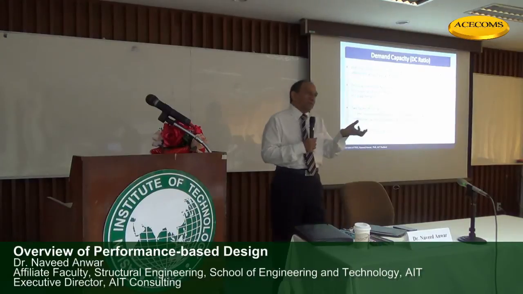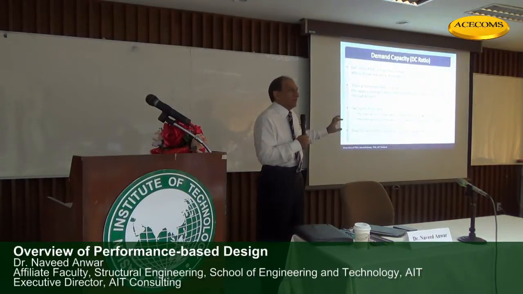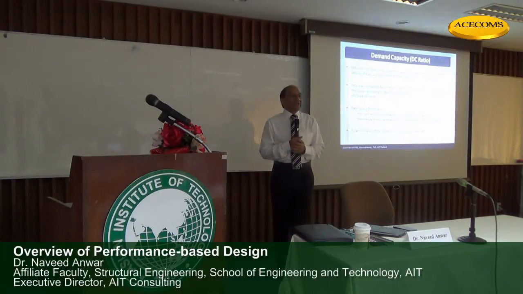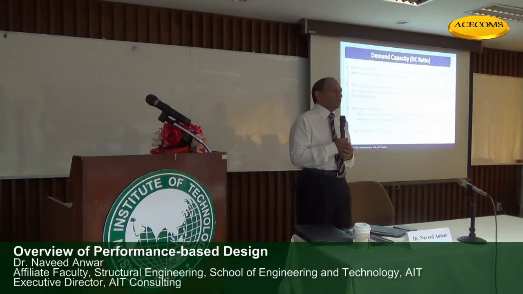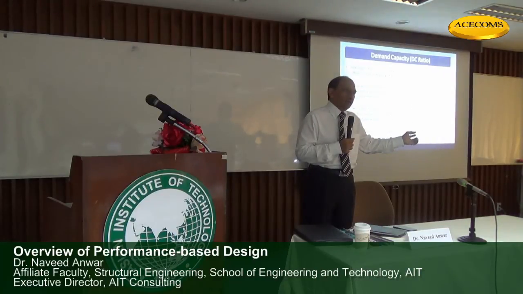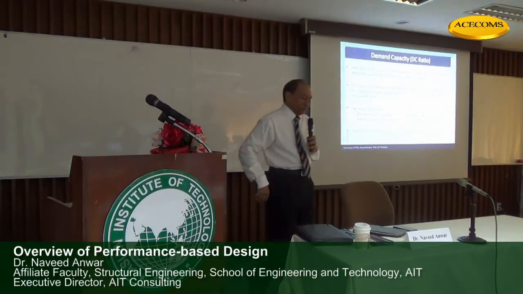For a beam in bending or a shear wall in bending, we will measure it by deformation ratio. What is the maximum deformation that it can carry, like the maximum drift ratio, and what is the current drift ratio? So we measure the DC ratio from that, and then we can combine them together. And later we will see more interesting things about this one when we go to other topics.